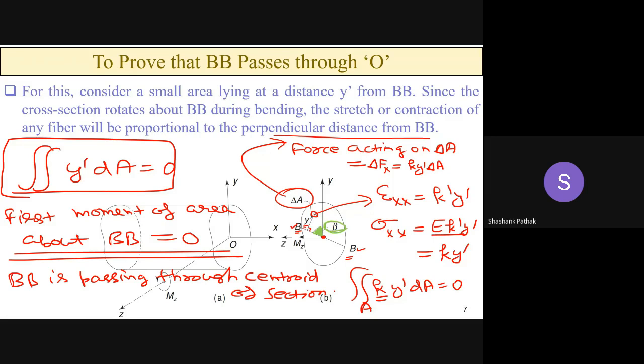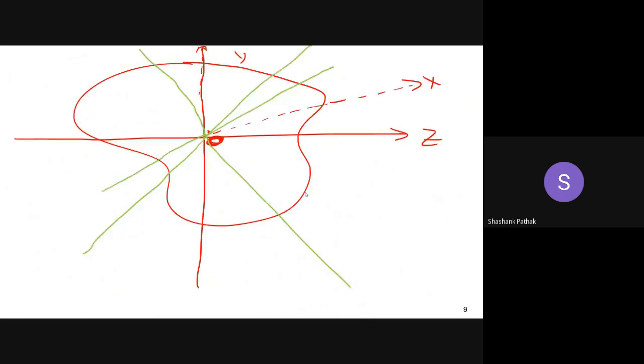If you know that your neutral axis makes an angle beta with your y-axis, while there can be infinitely many axes, then you have the information about the neutral axis. So this becomes your neutral axis.